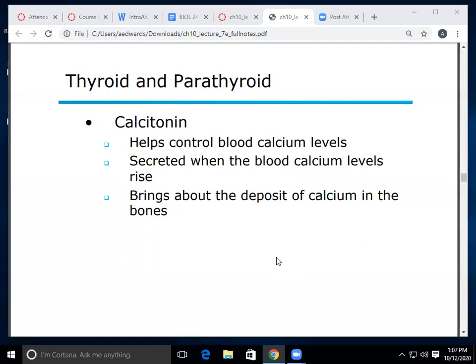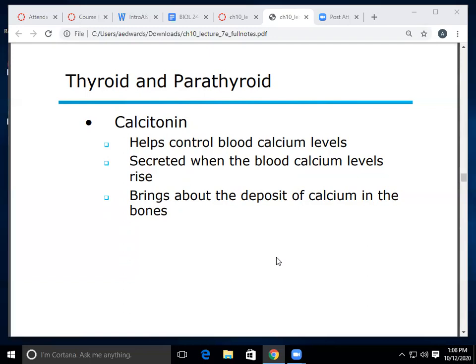So related to the thyroid, another thyroid hormone is calcitonin. Okay. You might have heard of calcitonin when we talked about the skeletal system. Okay. So calcitonin helps control your levels of calcium in your blood.